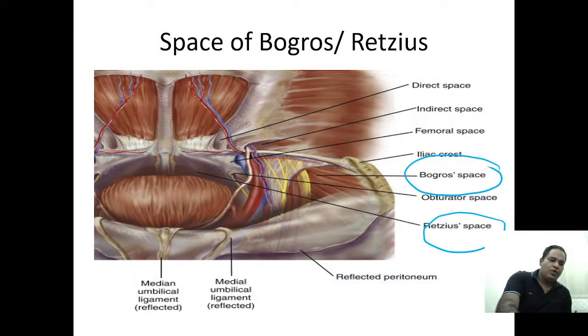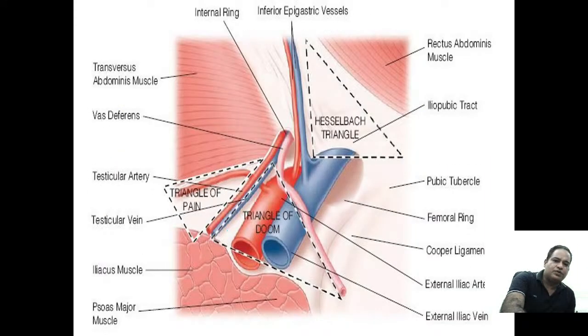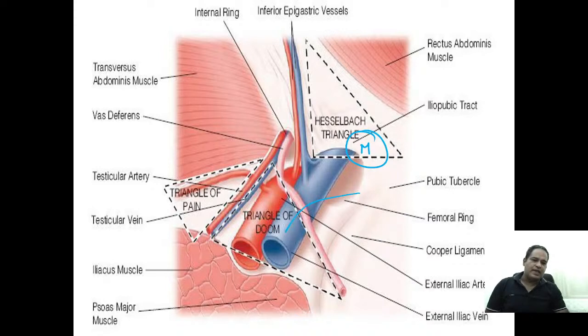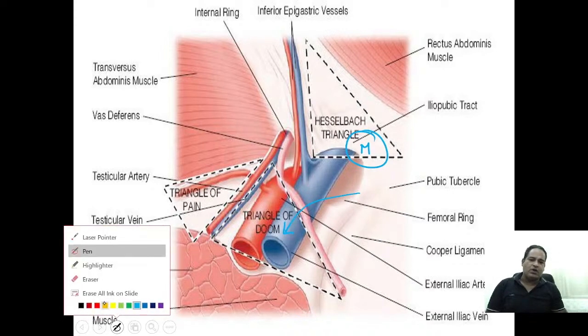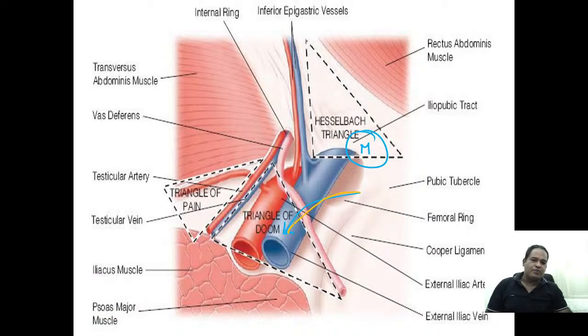Fine. Now, you need to be aware about two things. So, this is the midline. You need to be aware about the triangle of doom. If your instrument touches this area, then the iliac vessels would be injured. Patient will die. If your instrument touches the lateral area, there are too many nerves here.